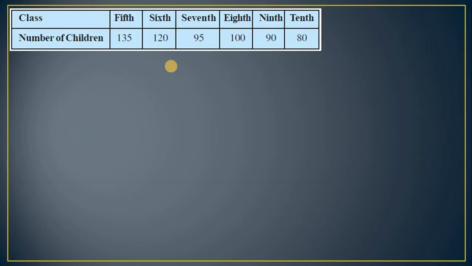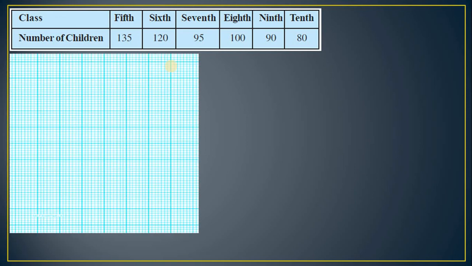So this is the information, and for drawing the bar graph, as you are aware, you can use graph paper, and on that graph paper you can draw the graph. Here I am not able to perfectly draw because I am doing it on the computer.